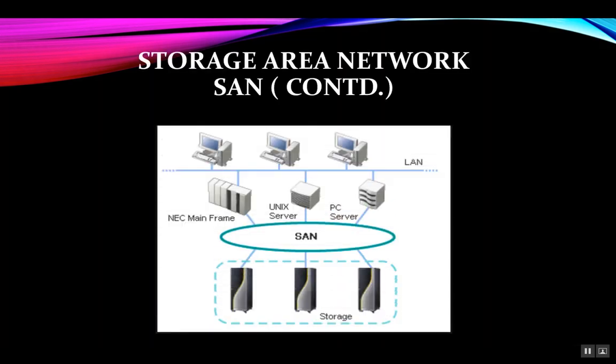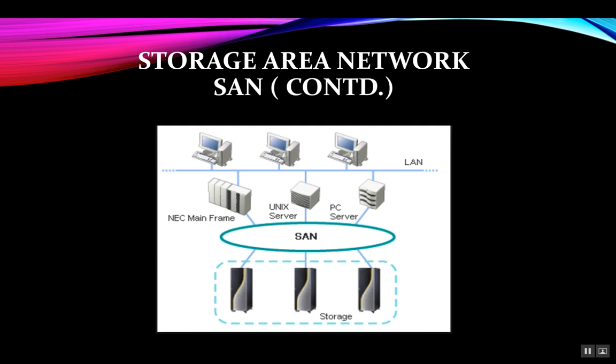Here's one example, where we have put a mainframe server, a Unix server, and a PC server, and there's this SAN infrastructure which has its ports, its zoning in place, and a lot of other factors depending upon the storage vendor that we are dealing with. These servers could be Unix, Windows, mainframe, anything.